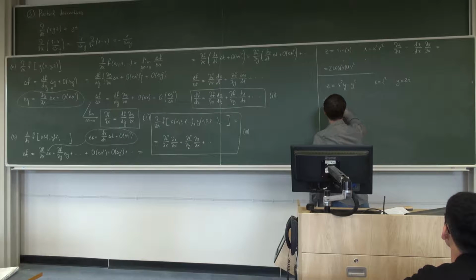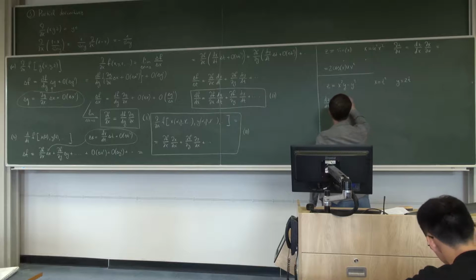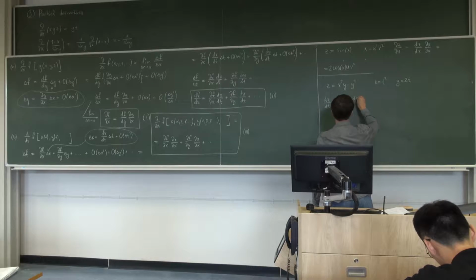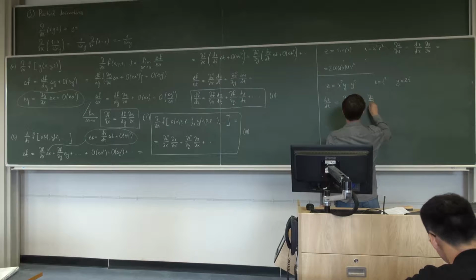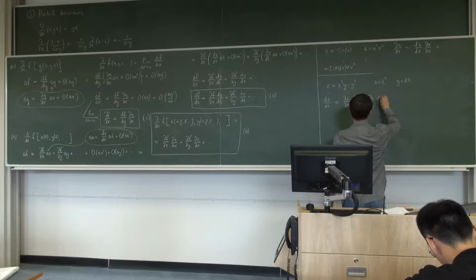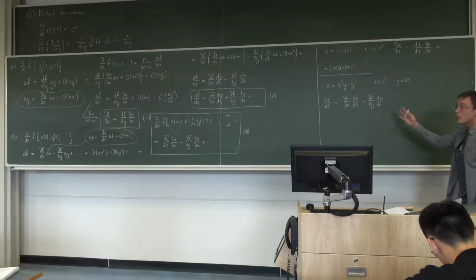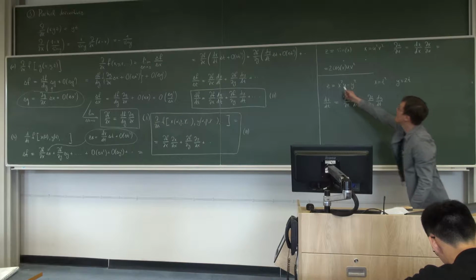So, we have two variables in here, so this will be dz by dx times dx by dt plus dz by dy times dy by dt. So chain rule with respect to every variable that occurs in z.